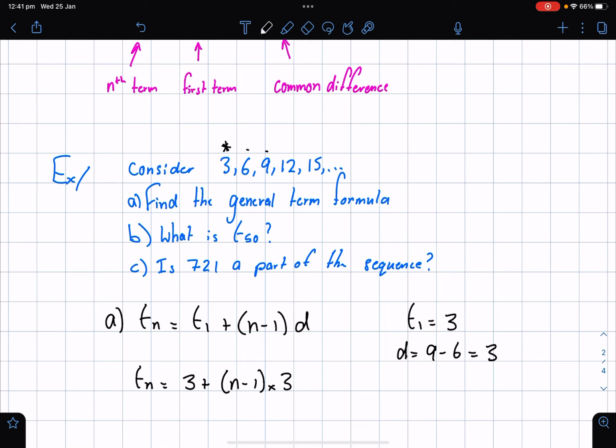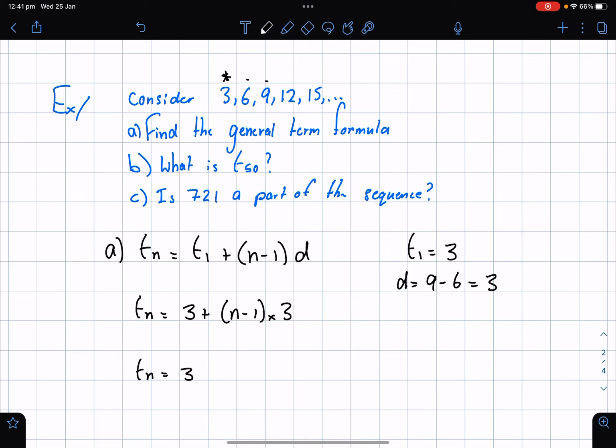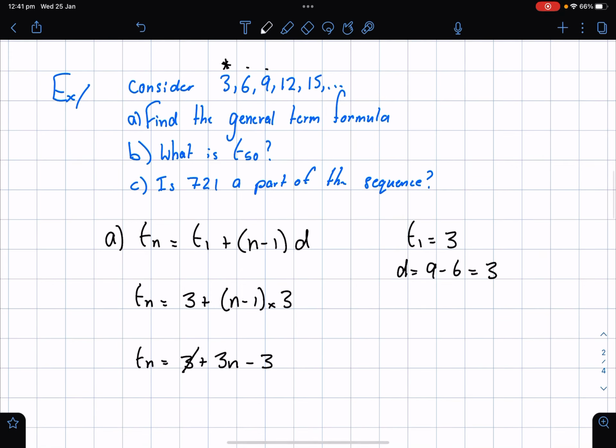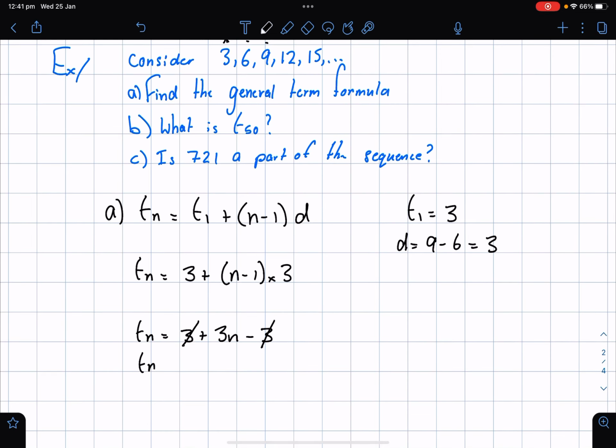Now we want to simplify this expression as much as possible. So we're going to expand the brackets on the right hand side. So Tn equals 3 plus 3n, so 3 times n, minus 3, which is 3 times negative 1. Now 3 minus 3, they cancel out and equal 0. So Tn is just equal to 3n. All right, so that is our general term formula.